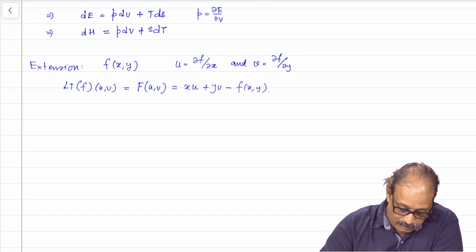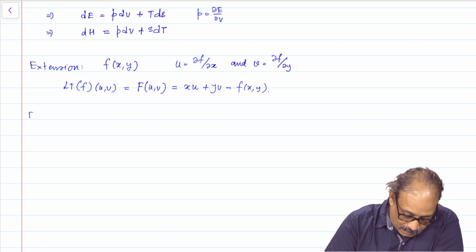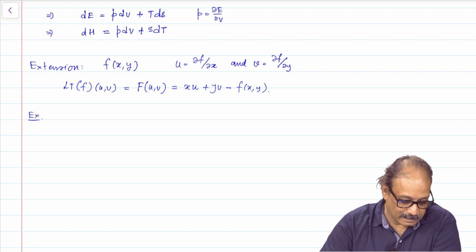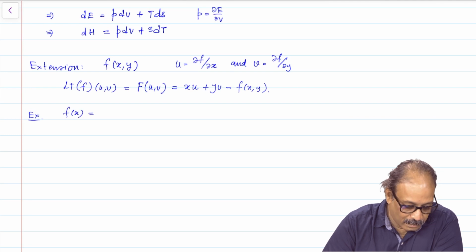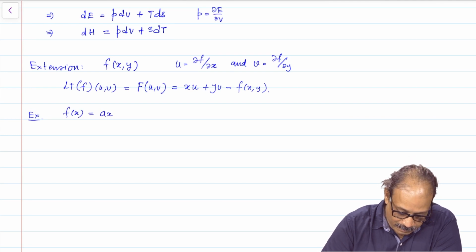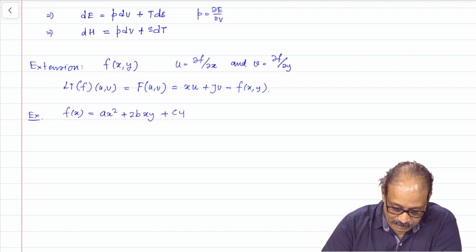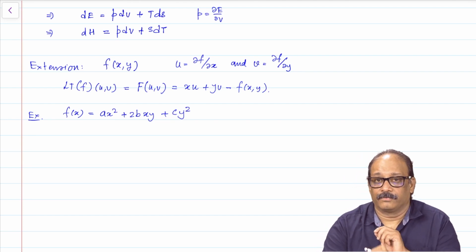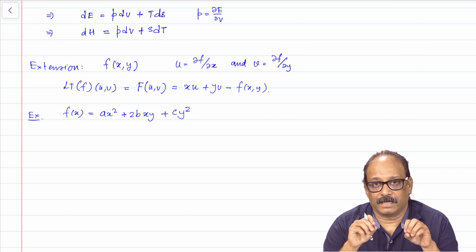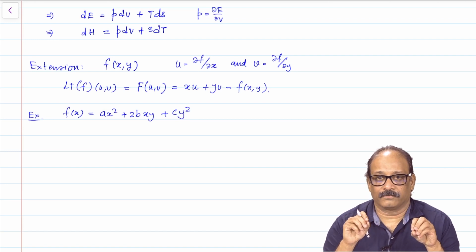So, look at this example. Let us say f of x, y is a x square plus 2 times b times x y plus c times y square. Now, when I had one variable, I quickly defined the notion of convex functions.